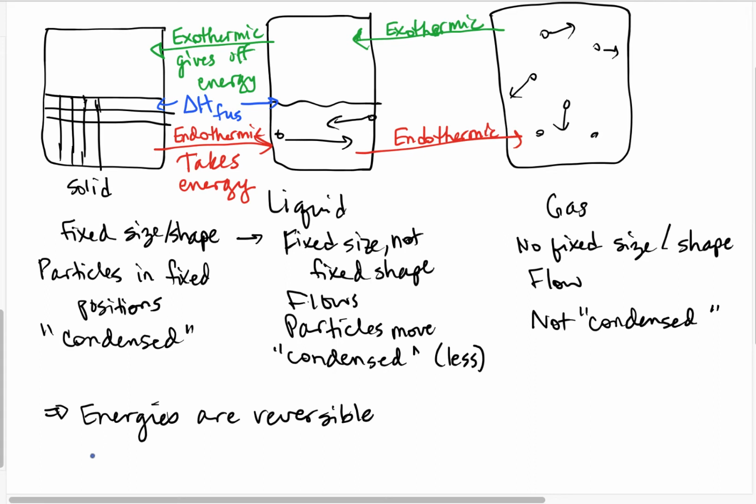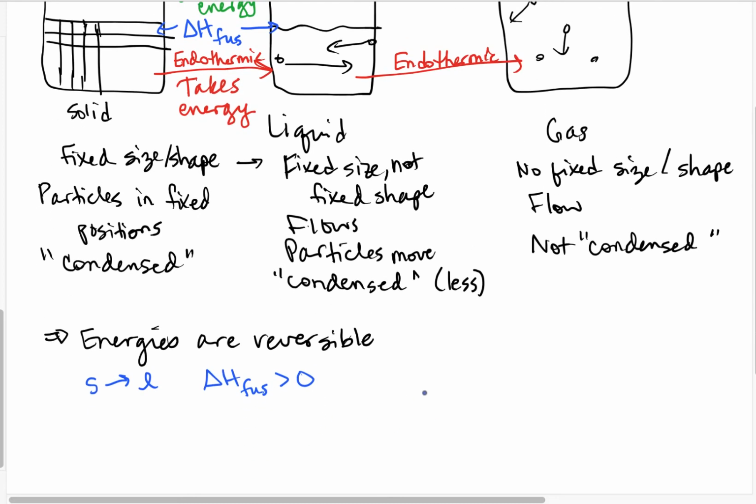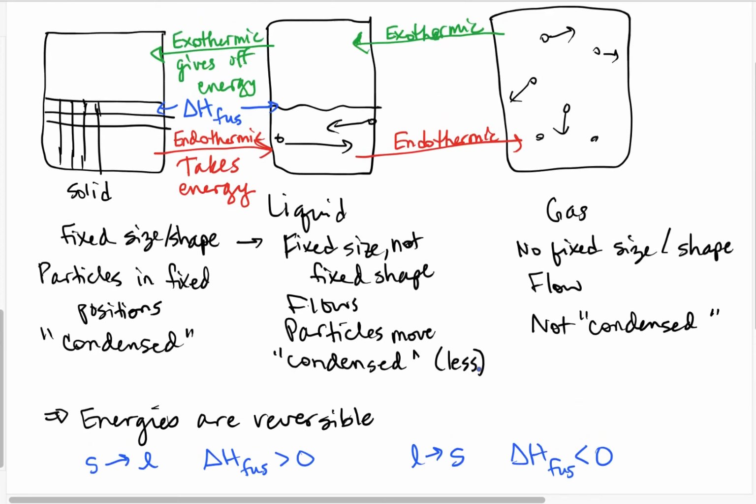So if we're going from a solid to a liquid, then our enthalpy of fusion is going to be endothermic, so that's positive. And if we are going from a liquid to a solid, then our enthalpy of fusion is going to be the same number. It's just going to have a negative sign in front of it. So we just change the sign.